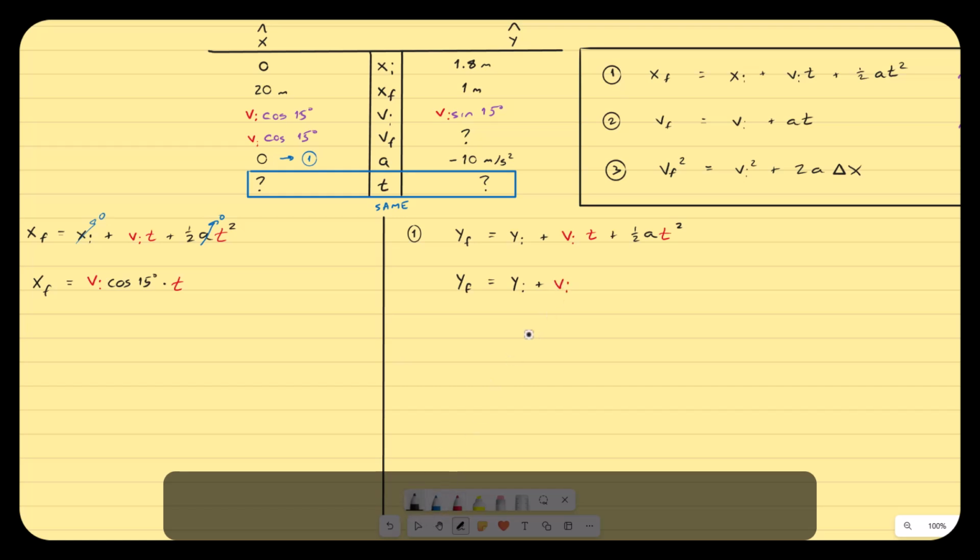V initial times sine of 15 times time plus a half times the acceleration times time squared.